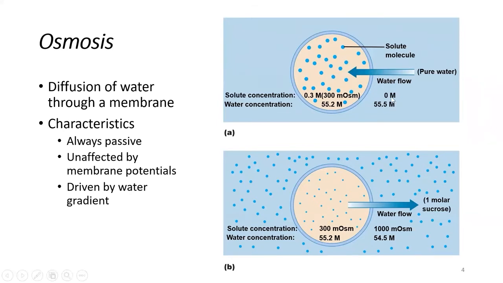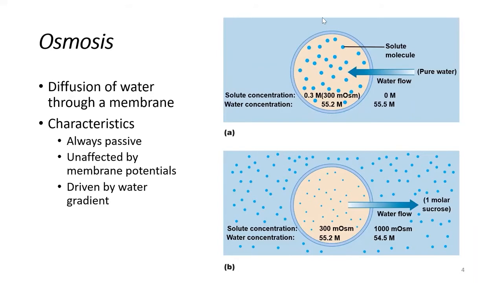So from 55 moles to 0 moles, and that's the gradient across which water moves. But we can also see that water is going to move opposite to the solute concentration. Whereas we have 0 solute outside the cell and solute inside, water is moving from an area of low solute concentration to high solute concentration. So water moves down its concentration gradient, but against the solute concentration gradient.